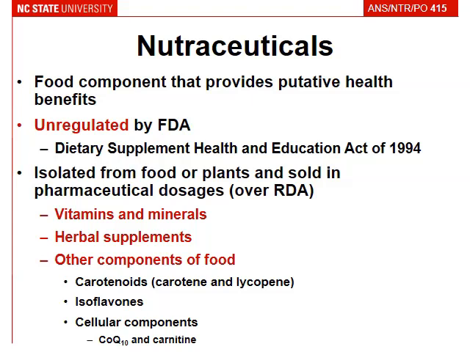So you may not see the benefit if you were to consume it in that healthy food. This includes our vitamins and minerals, our herbal supplements, and our other compounds. So our carotenoids, including carotene, lycopene, isoflavones, and our cellular components, so our CoQ10 and our carnitine.